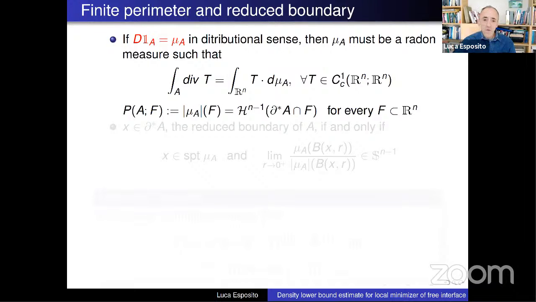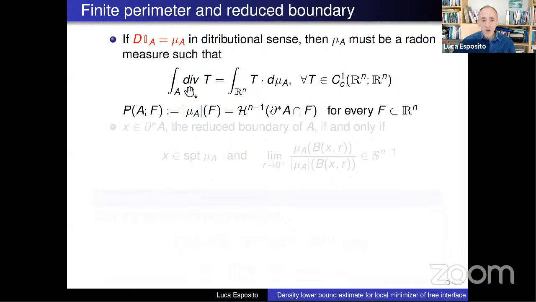I want to recall that a set A is of finite perimeter if the distributional gradient of the characteristic function of A, call it mu_A, is a Radon measure.